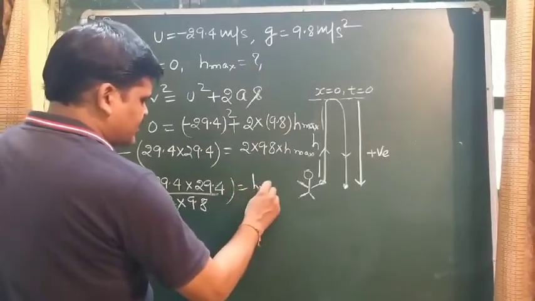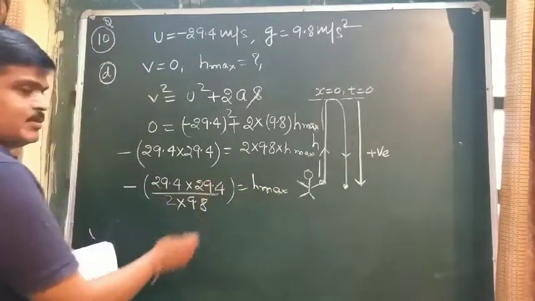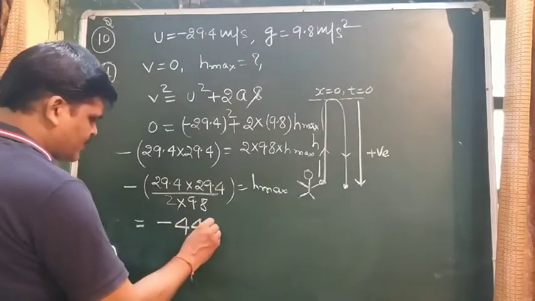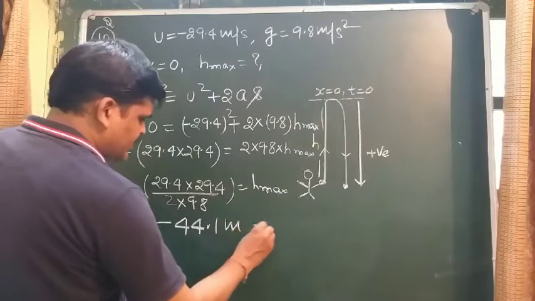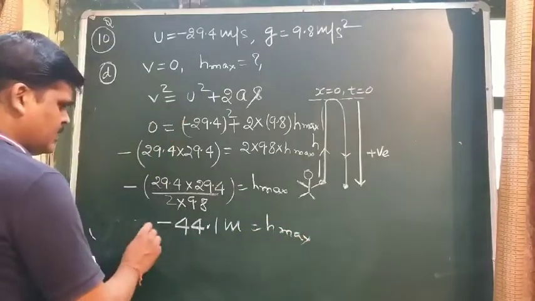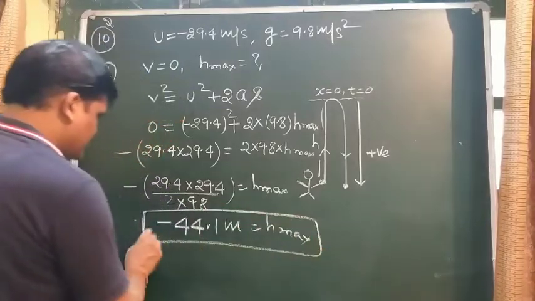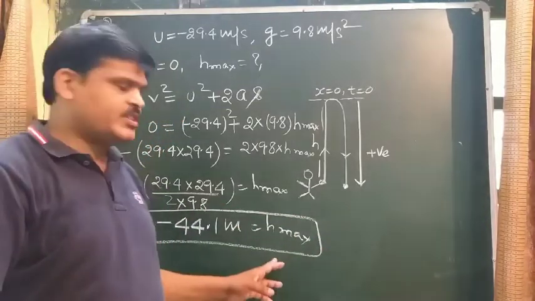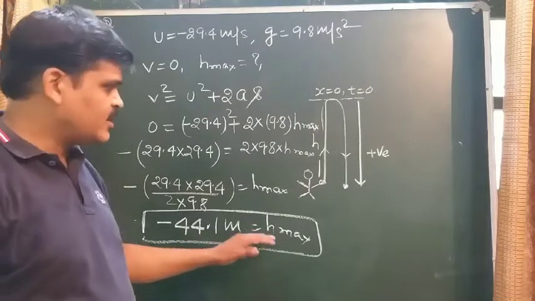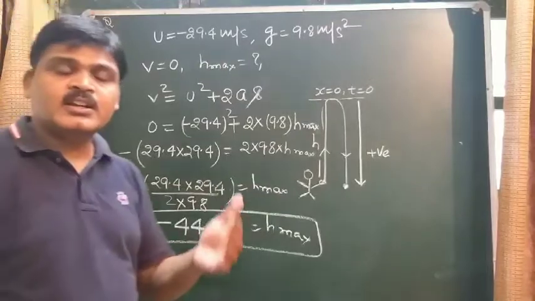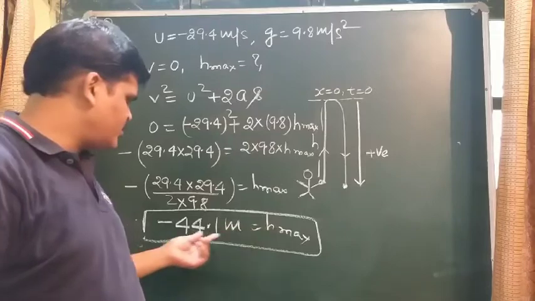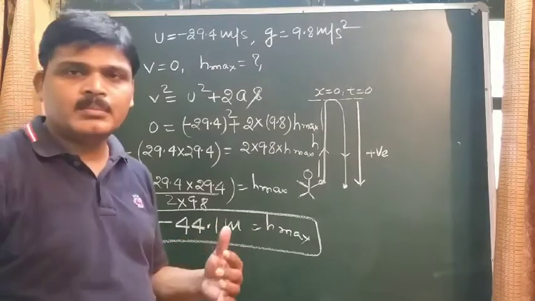After solving this, it comes out to be minus 44.1 meter, that is h max. This maximum height, minus 44.1 meter, means distance covered; the negative sign shows that the distance is covered in the upward direction, and it comes out to be 44.1 meter.